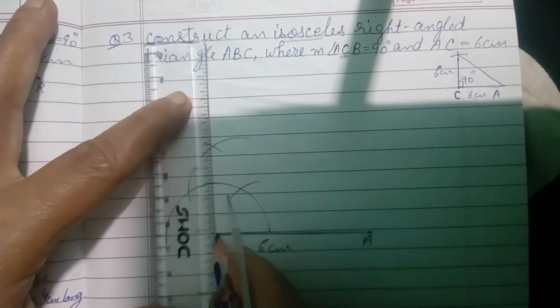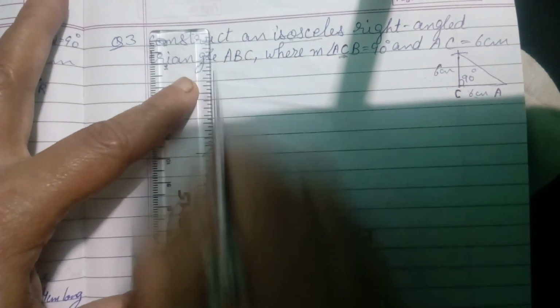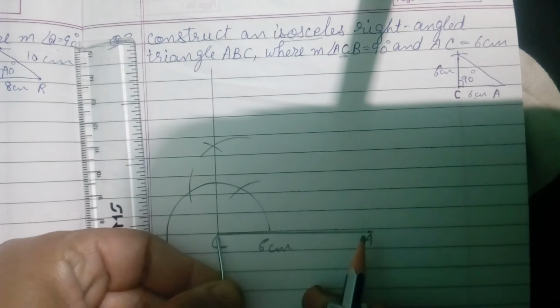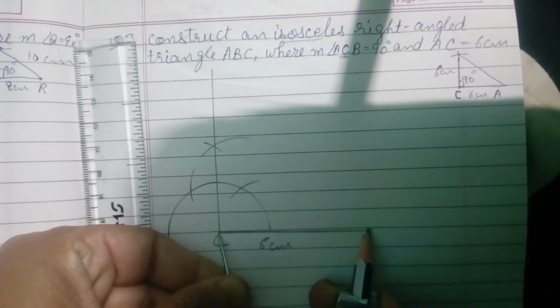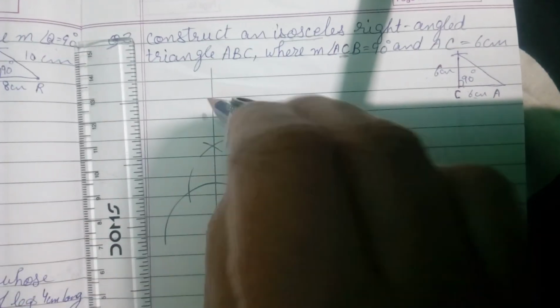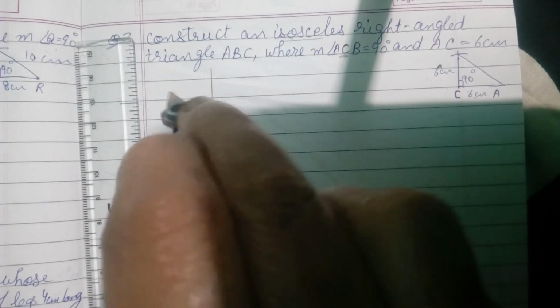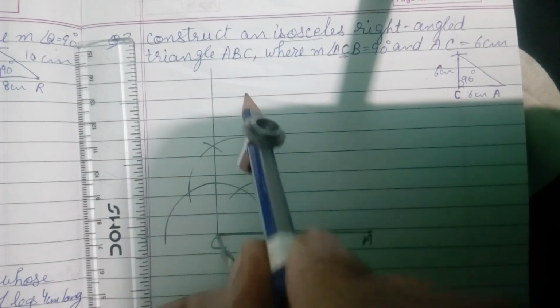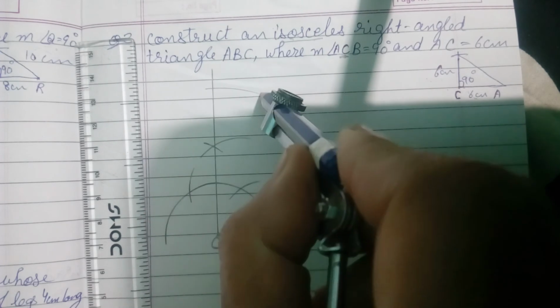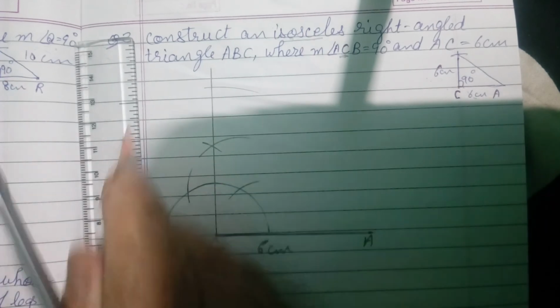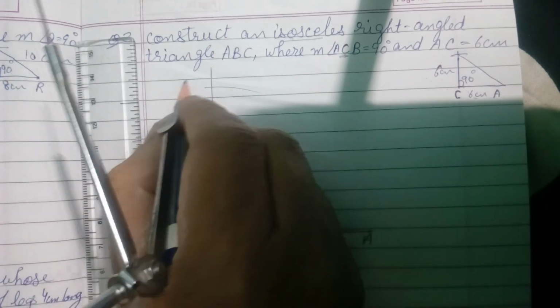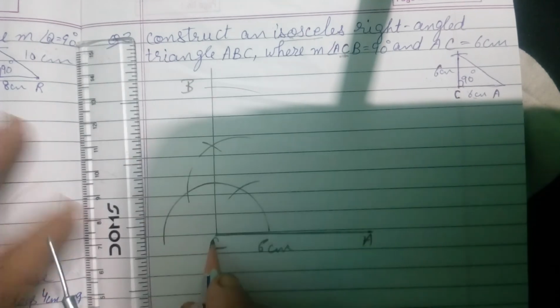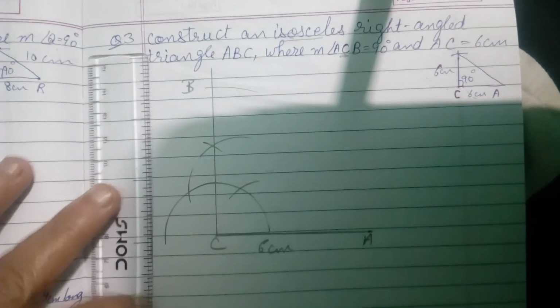Now we will pass this, and from here only I will measure my 6 centimeter. Take C as center, put your needle here, cut this, so you will get point B, and C is 90 degree.